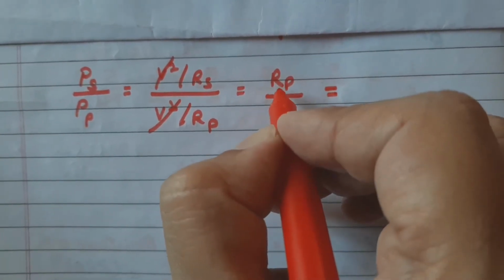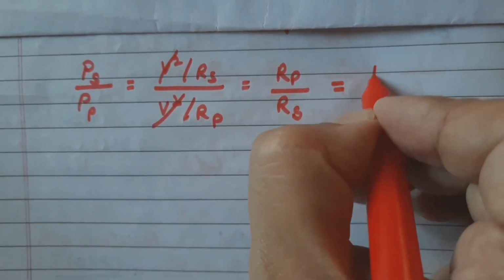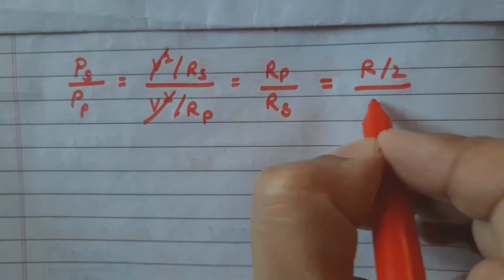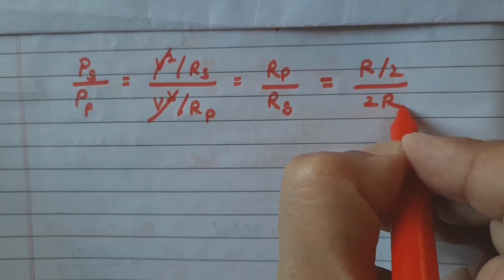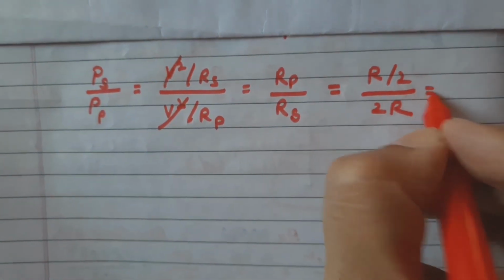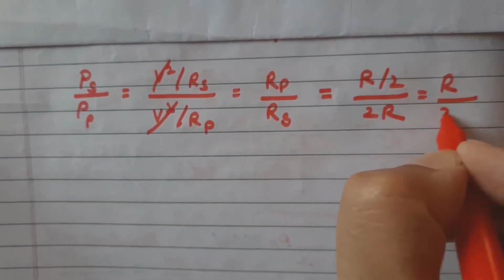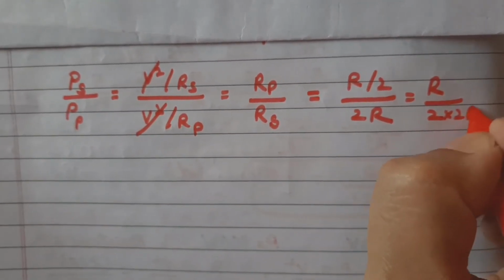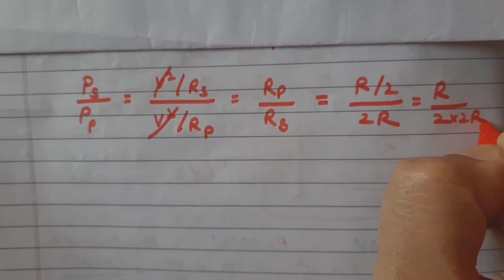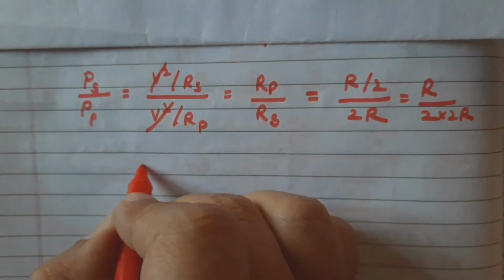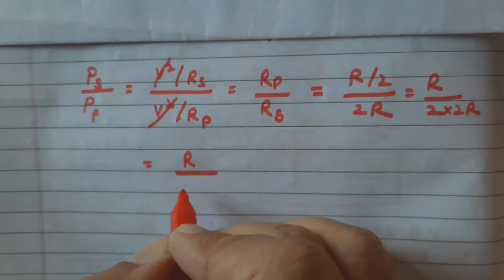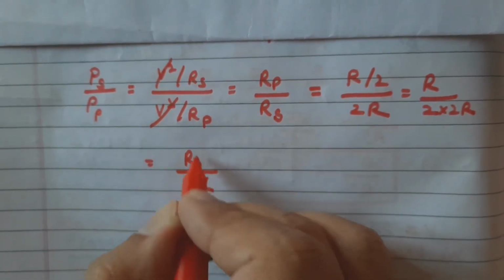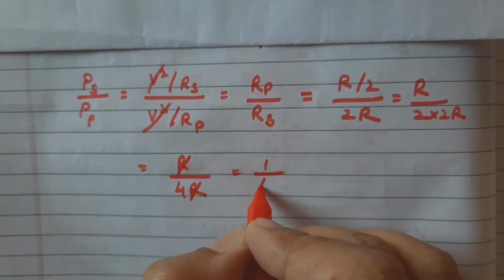When we fill the value, Rp is R by 2, and in series it is 2R. It can be written as R by 2 into 2R, which is R by 2 upon 4R, which is 1 upon 4.